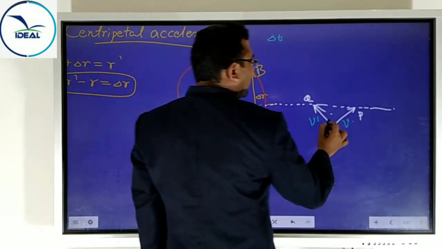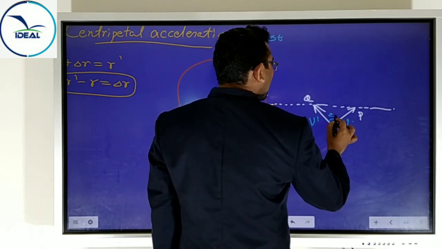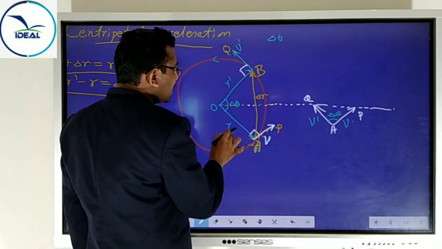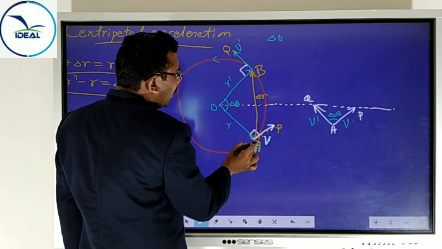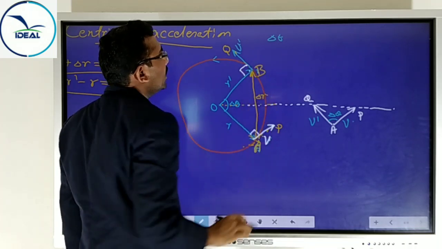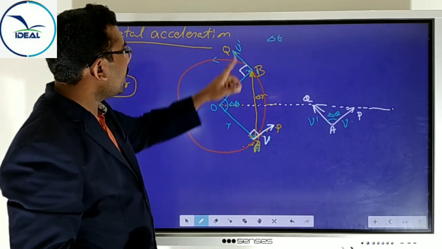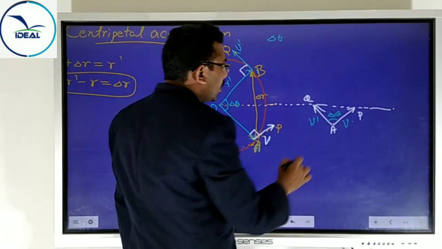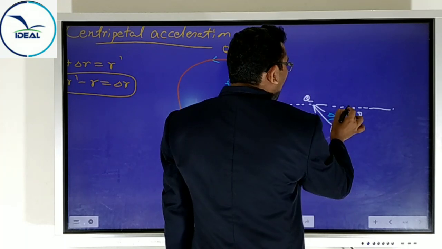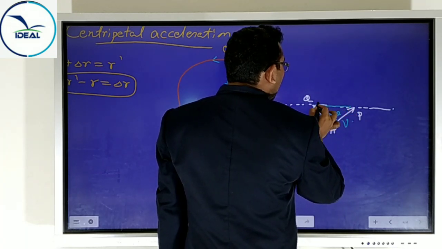What is the angle between V and V dash? This also is delta theta, because the changes from R to R dash and V to V dash take the same time delta t, and V and V dash are perpendicular, R and R dash are perpendicular, so this angle is also the same. Now I draw a vector from P to Q.